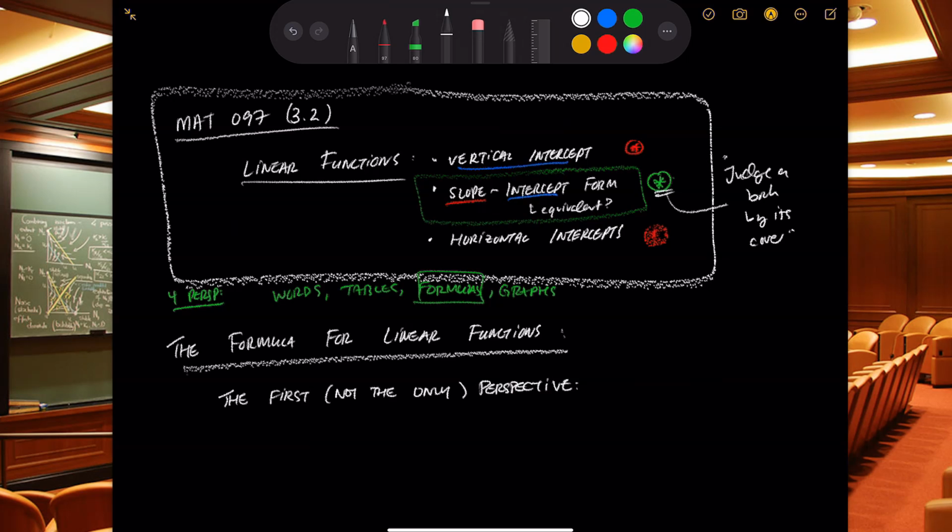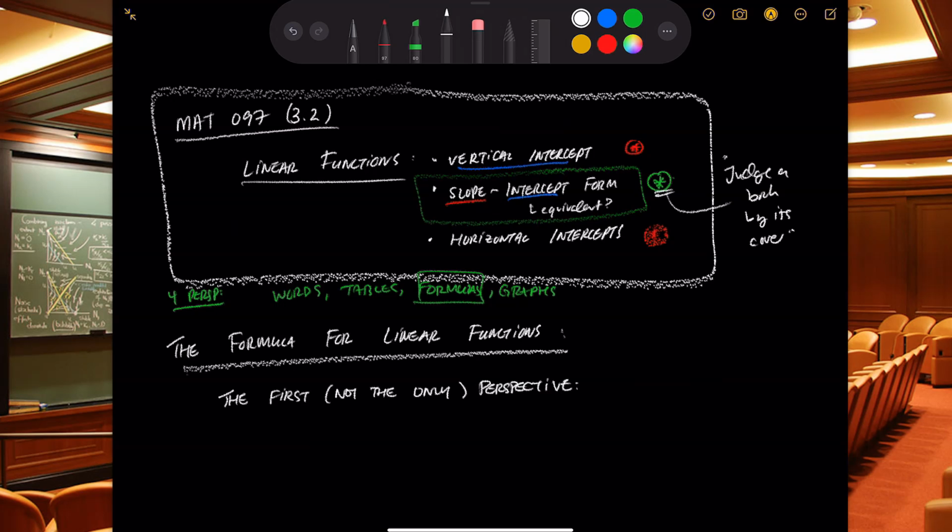But that's what makes this useful, because with slope-intercept form, you can judge a book by its cover. You can tell everything you need to know about this linear function from this form. And if it's not in this form, getting it to that form will tell you all that same information. So that's the power of what we're looking at today.